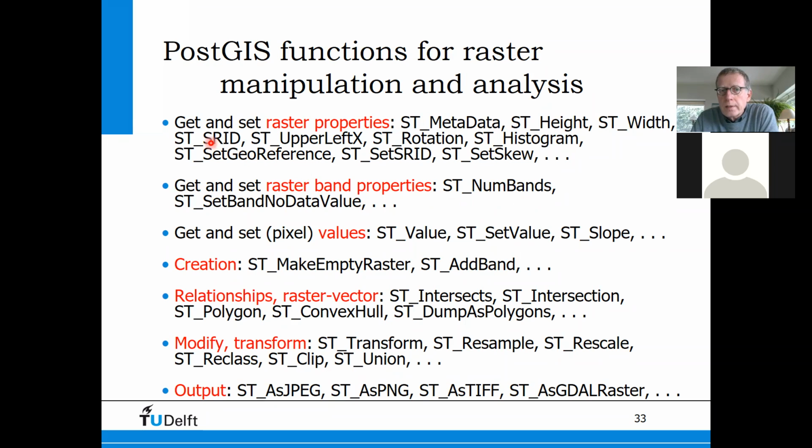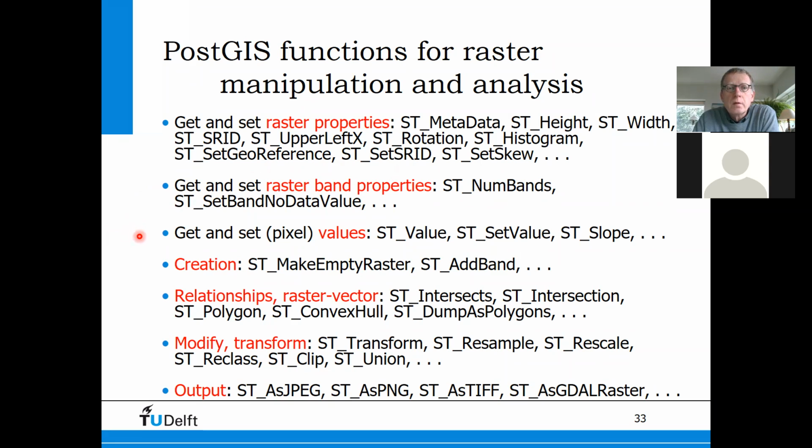Set or get the spatial reference system, query the lower left X, or the rotation metadata, and so on. This is about the raster level. Then you can do the same with the different bands. So ask how many bands there are, or set the number of bands to 3 bands or to 4 bands.